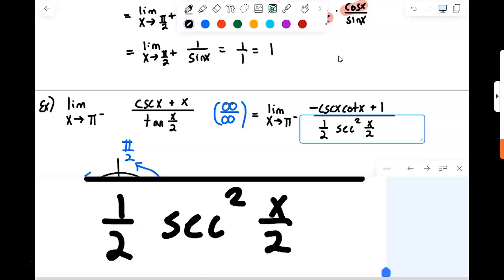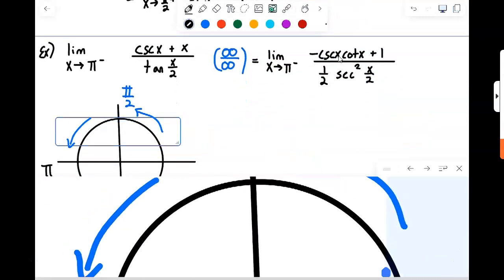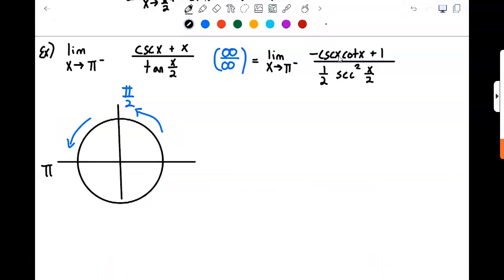So let's take a look at that one. Well, as x is approaching pi, cosecant is still approaching infinity.